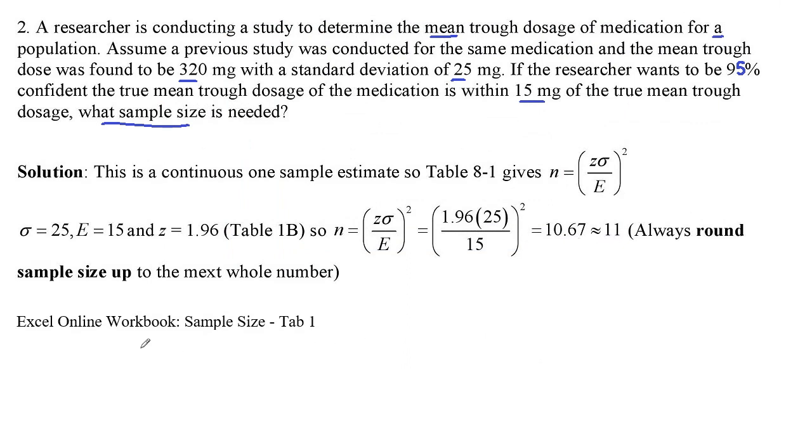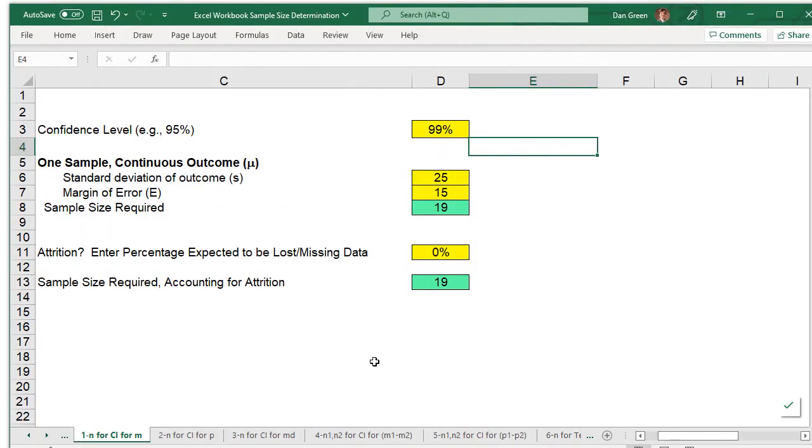We can also do this using the Excel online workbook for sample size. Let's take a look at that. So this is the Excel workbook, sample size determination. We've got mean and one sample. So this is sample size for confidence interval, and we were doing confidence interval rather than hypothesis test for the mean.